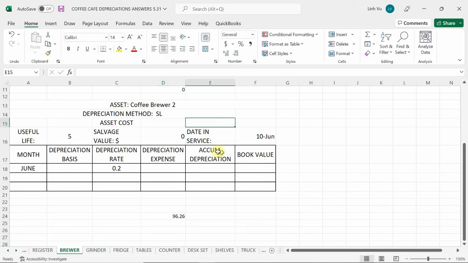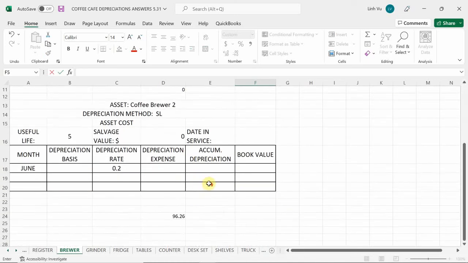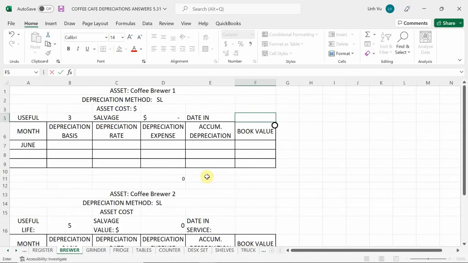Okay. So in this case, we have 2 coffee brewers. We need to keep them separate because they have 2 separate values in regards to the cost, and also they each have a different useful life.